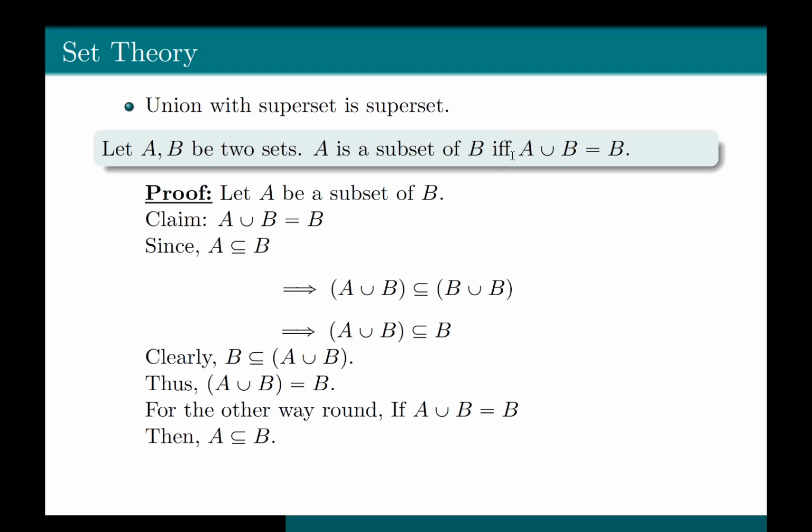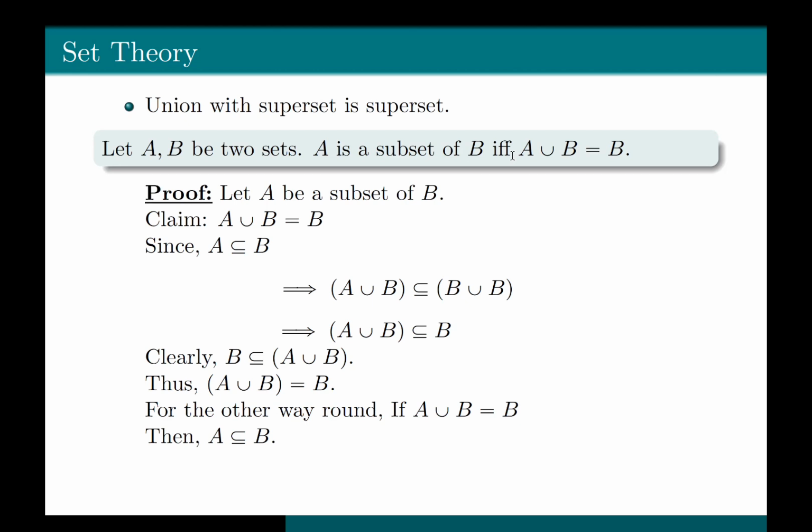Now we are going to prove that A is a subset of B. Okay, now how can we clearly say from here that if A union B is equal to B, then A is contained in B?